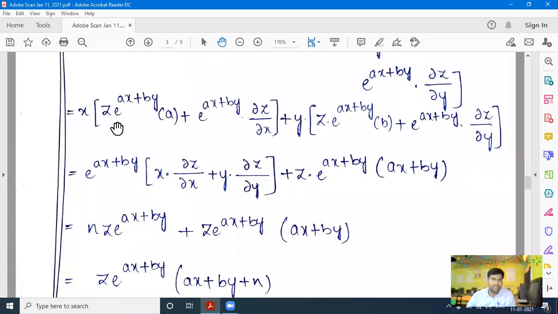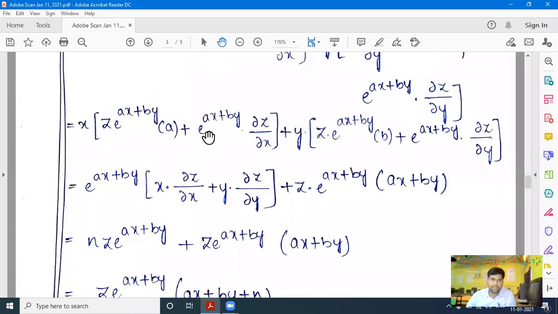Plus e power of ax plus by into dou z by dou y. So here e power of ax plus by is there, here also e power of ax plus by is there. So how to take e power of ax plus by common.